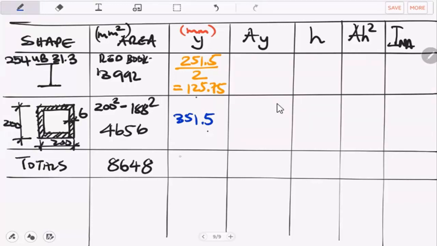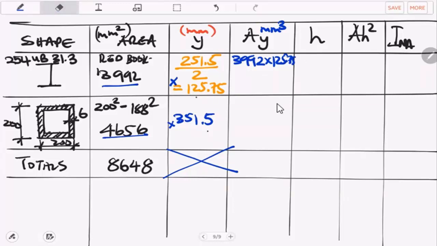And you know that in this section we don't need any totals. So the next section is straightforward. This is going to be millimeters to the power 3, cubic millimeters. We are multiplying that times that times that. What does it give us? 3992 times 125.75. You don't even need to write this information here.